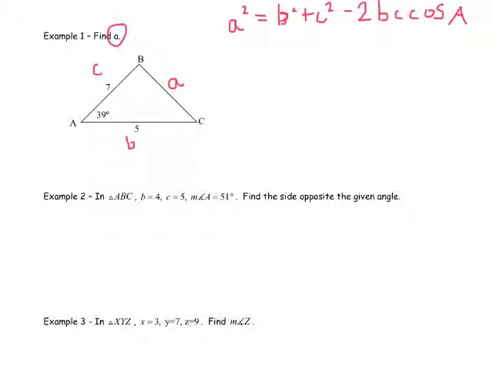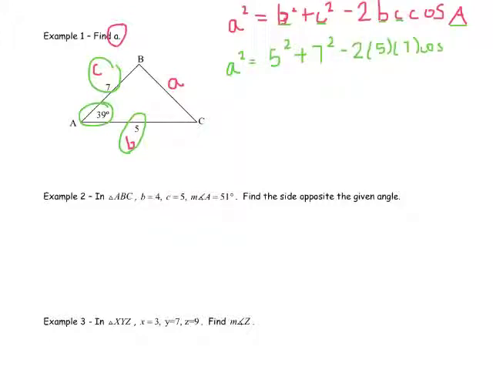So let's fill in everything that we know. I know lowercase b is 5. I know lowercase c is 7. So I know lowercase b and c. And I know capital A is 39. So I've got a squared equals 5 squared plus 7 squared minus 2 times 5 times 7, and then cosine of 39.